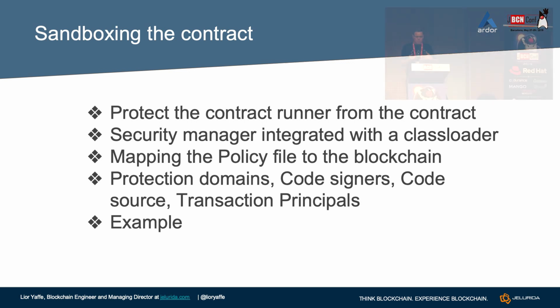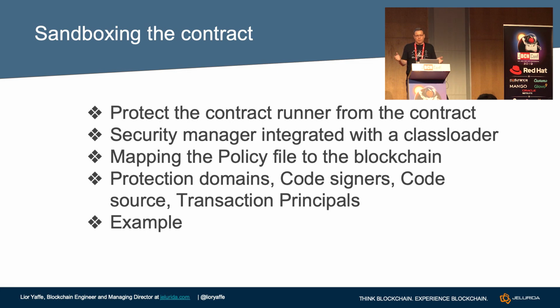But since we are in blockchain, everything is decentralized and anyone is potentially malicious. We need to protect the contract runner from anything malicious that the contract developer wants to do, like, for example, run rm -r on the local workstation and destroy it, or even worse, try to steal tokens and things like that.